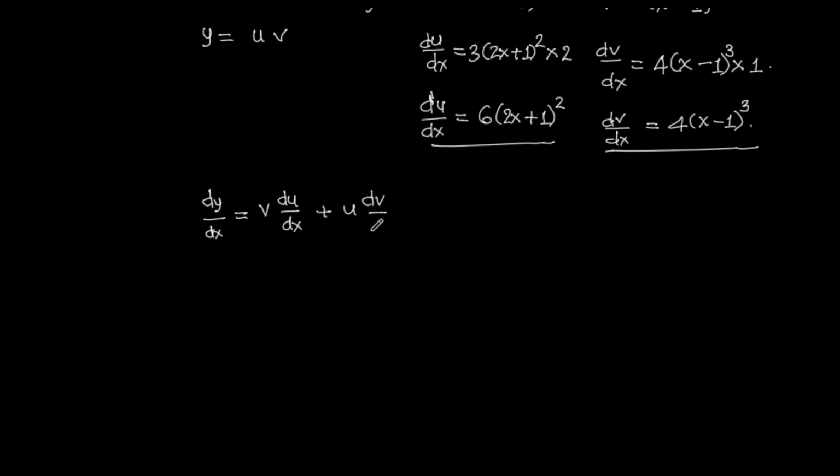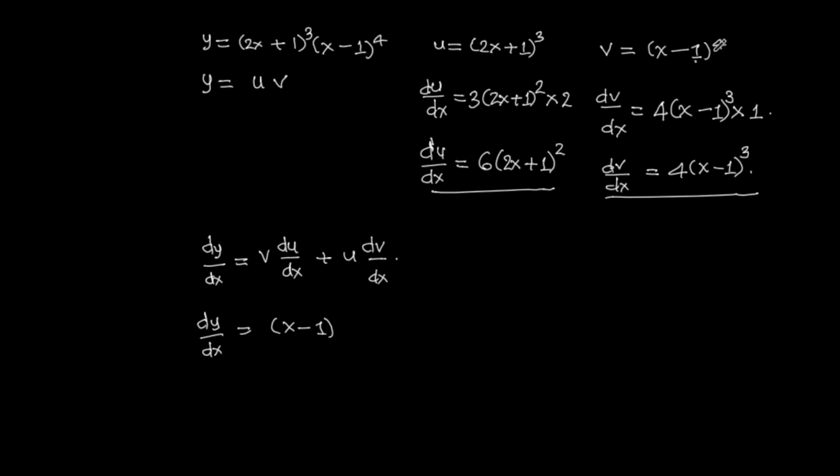So we can go ahead and substitute our dy by dx equals to v is this quantity here, and that quantity is (x minus 1) raised to power 4.